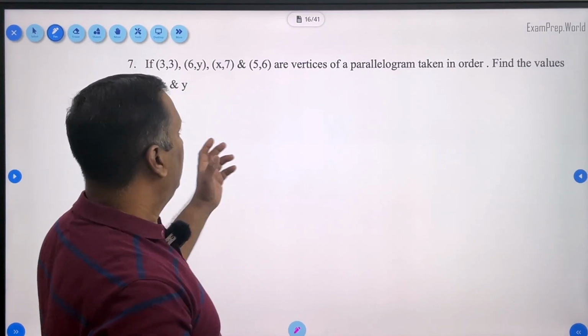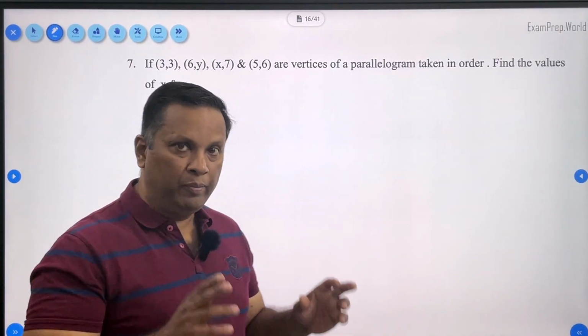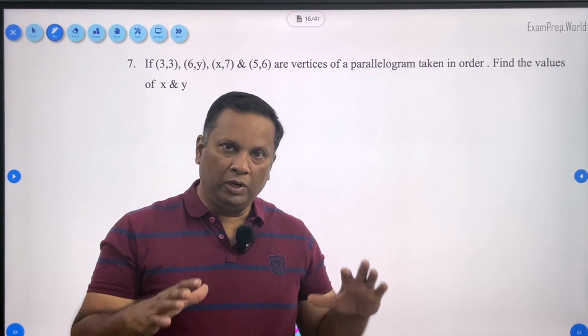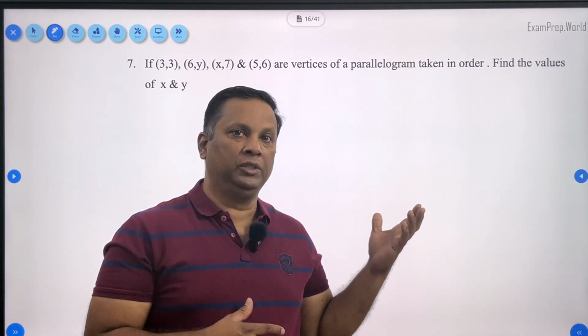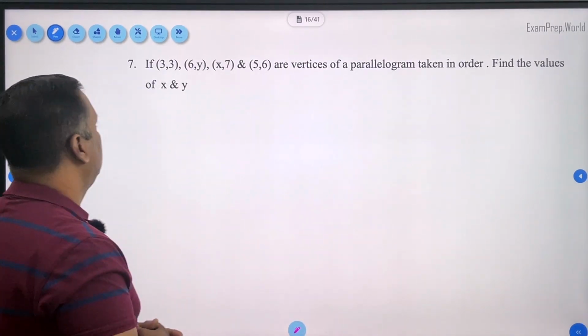Once again parallelogram. Okay? I am repeating a parallelogram question from coordinate geometry. This is a most likely question in your exam and it will be a 4 marker. Okay. So let us do this question.